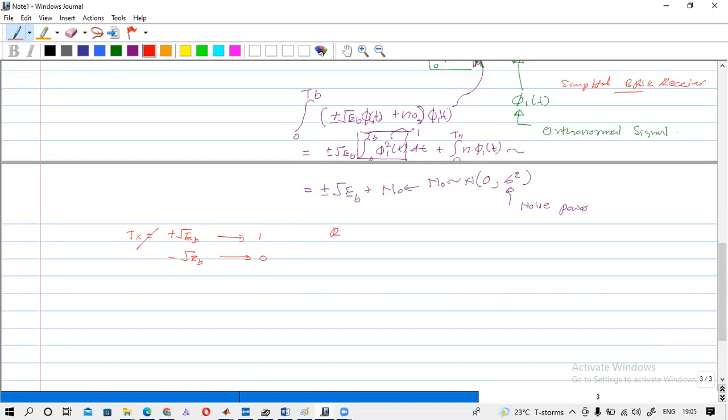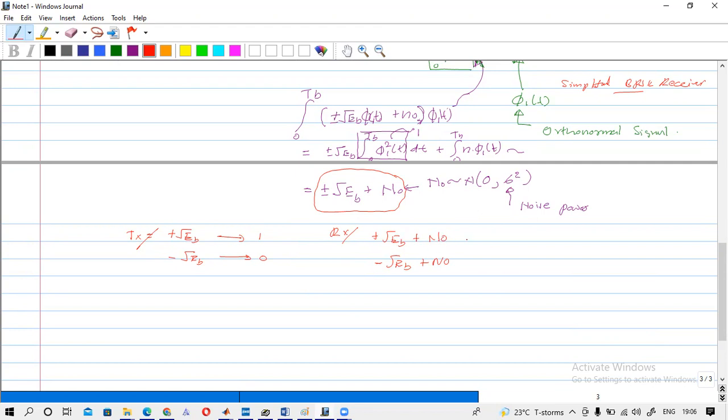And what is the received symbol? You will receive this after the integrator part. That means you will receive plus root EB plus N naught, or minus root EB plus N naught. So you can see that now you have sent some value 1 and 0, but it is not the same, it is different.